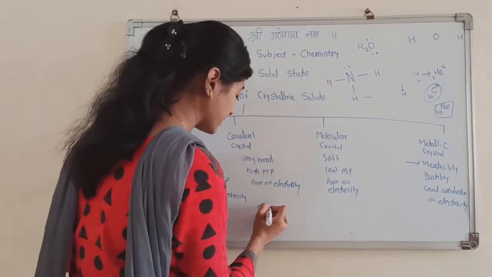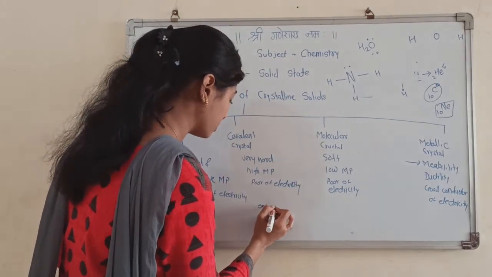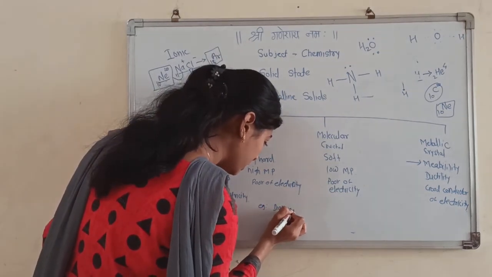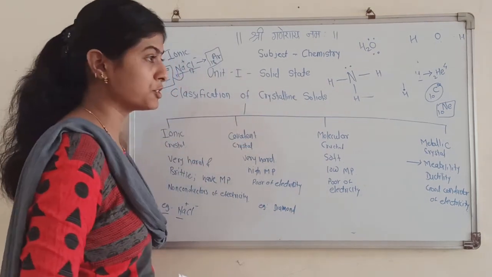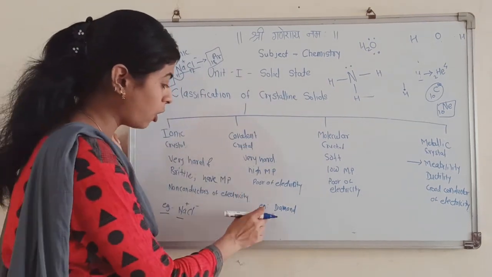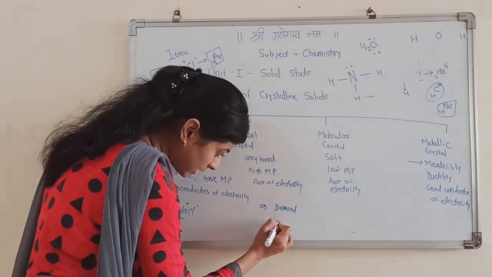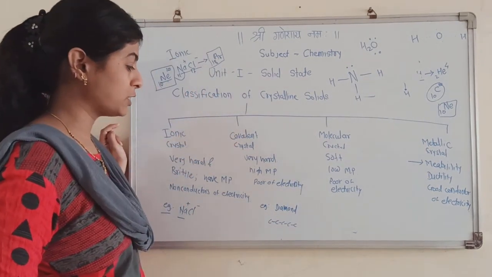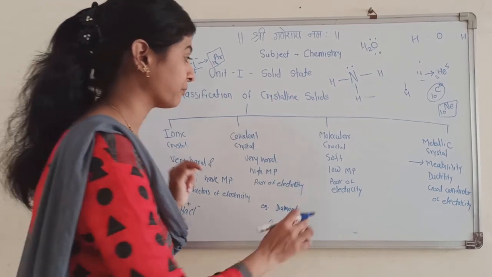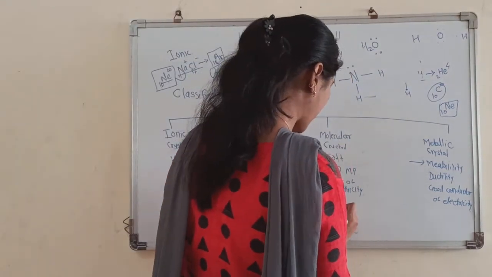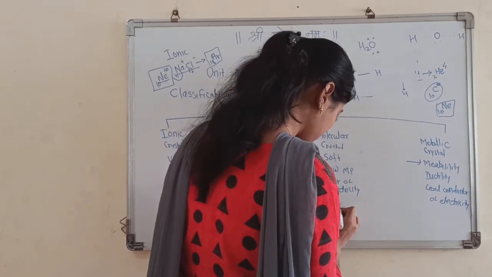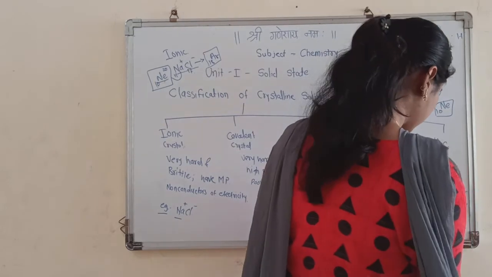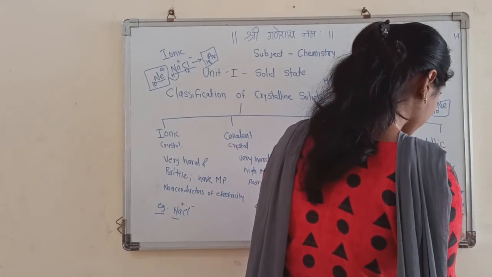Covalent crystal has the example of diamond, in which carbon is the constituent particle, where all carbon atoms are attached by covalent bonds with sp3 hybridization. Molecular crystals have the example of solidified methane or Cl2.